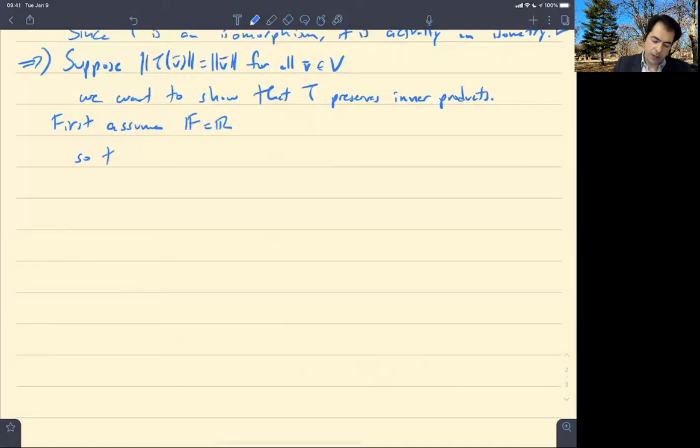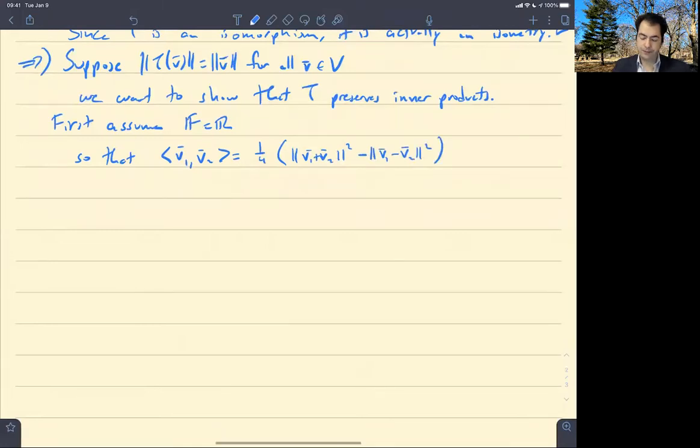So one formula for the inner product in terms of the length is that the inner product of v1 with v2 is equal to 1/4 of the length of v1 plus v2 squared minus the length of v1 minus v2 squared. Okay. Well, if you have this formula, then checking that T preserves inner products is easy, right?